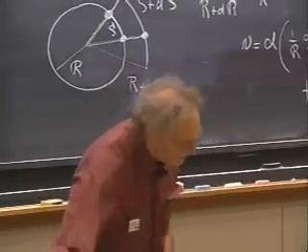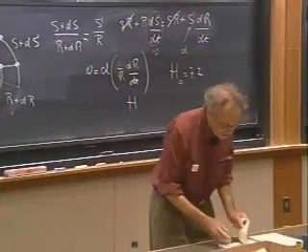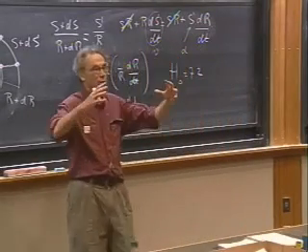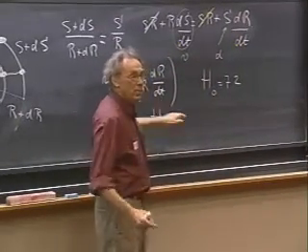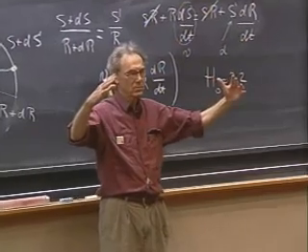Now, if the expansion rate of the balloon decreases in time, then there comes a time maybe that the balloon will come to a halt. That means when the dr dt becomes 0, Hubble's constant will then be 0.